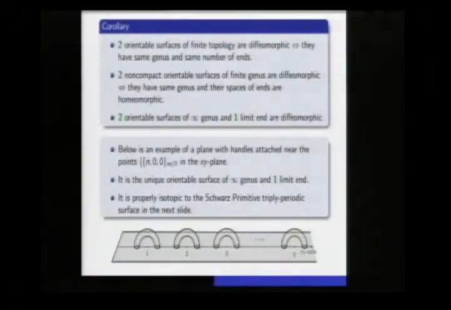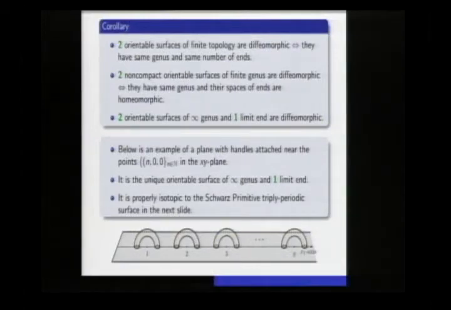If everything's a finite number of genus, finite number of ends, you could certainly slide things up and down and add all the handles first, and then pairs of pants. And it's easy to see that that's what you make.